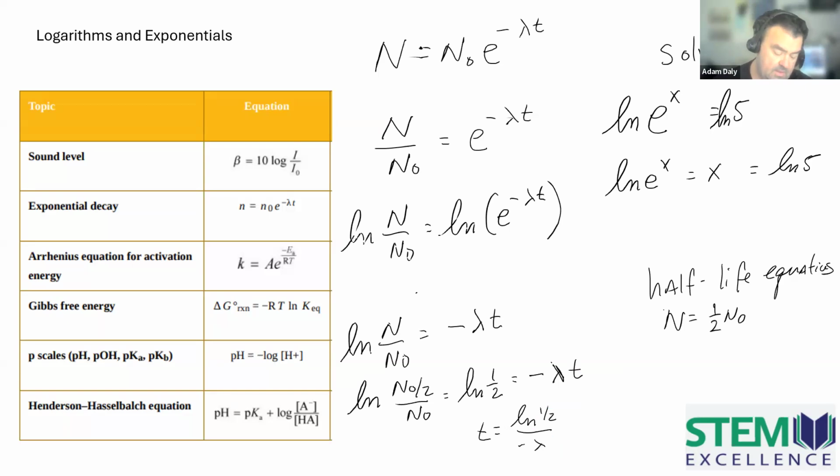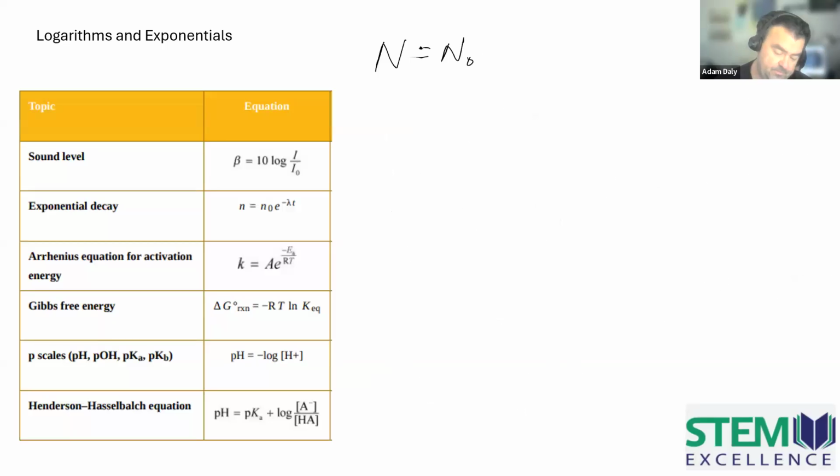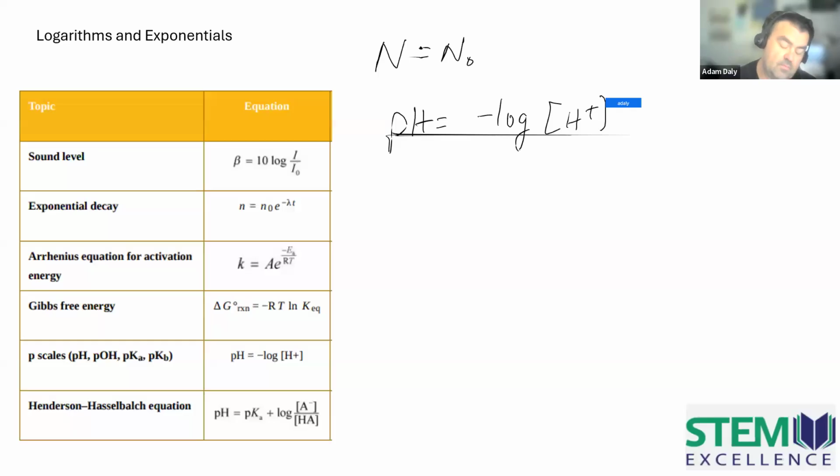Okay, let's take a look at the pH real quick while we're here. So here we have the pH is equal to minus log of H plus, right?